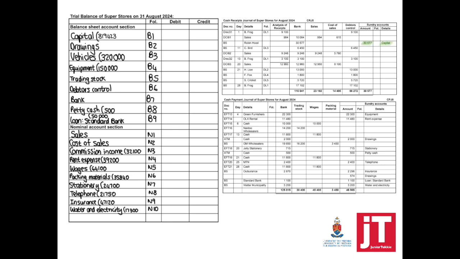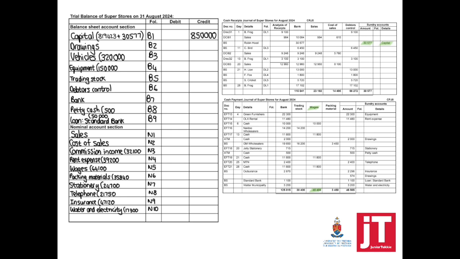And the first one that we've got is capital. So capital plus equals 850,000. You should know that capital is owner's equity, plus on the credit side, it will appear on the credit side. Then we've got wages.